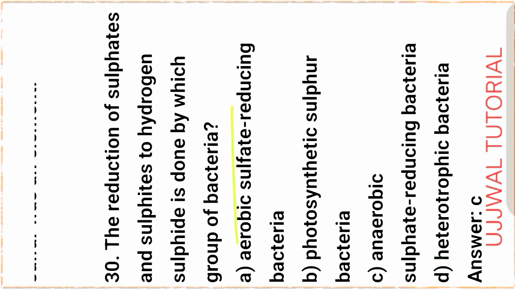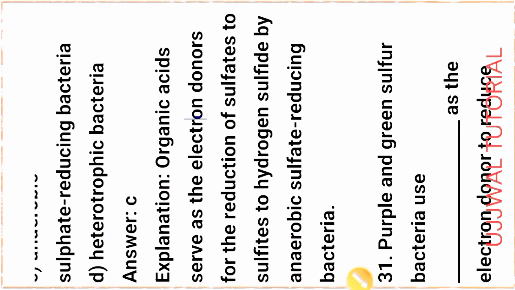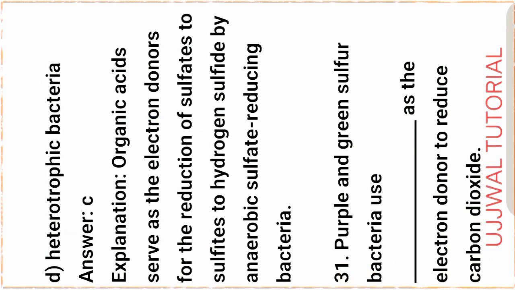Option C, anaerobic sulfate-reducing bacteria. To explain for this part, organic acid serves as the electron donor for the reduction of sulfates to sulfides and hydrogen sulfide by the anaerobic sulfate-reducing bacteria.